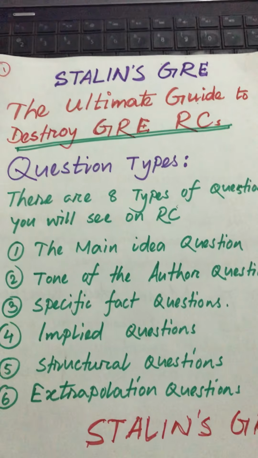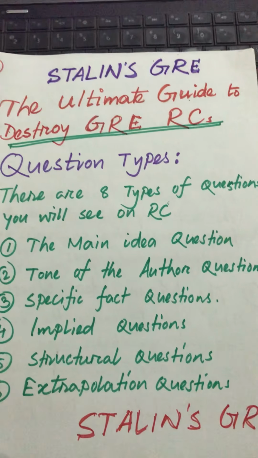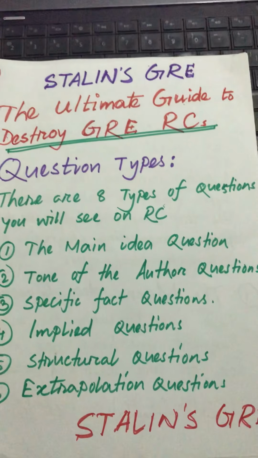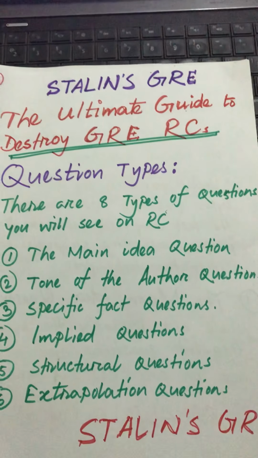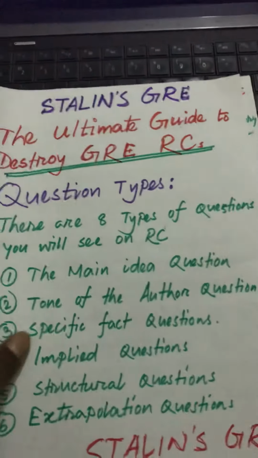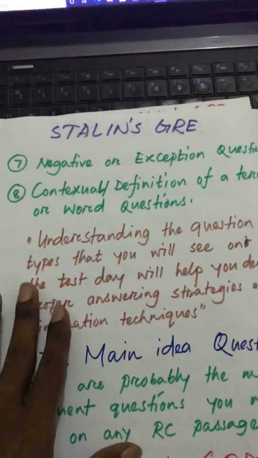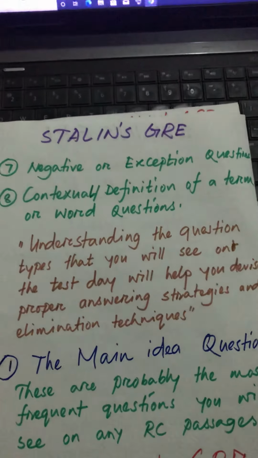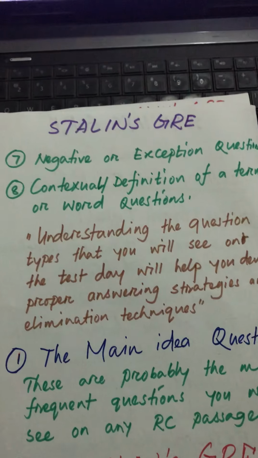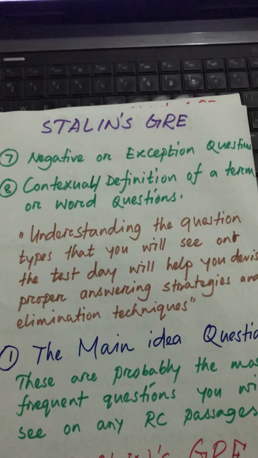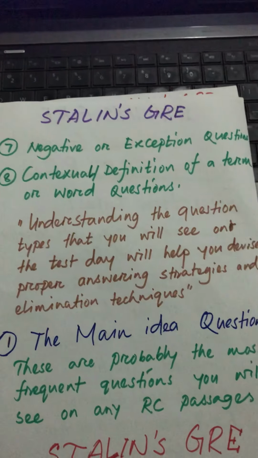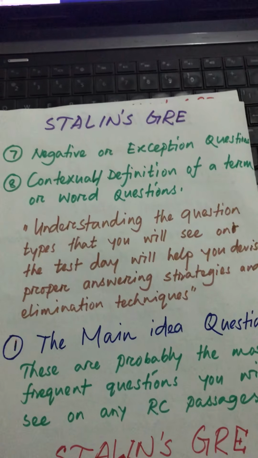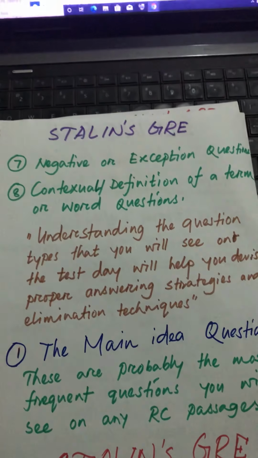Number 1, the main idea question. 2, tone of the author questions, specific fact questions, implied questions, structural questions, extrapolation questions, negative or exception questions, and contextual definition or term or word questions.